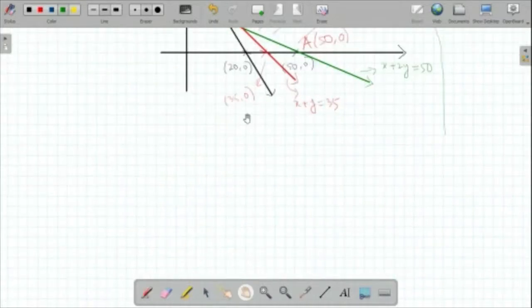Okay, so let's see the shaded region. We have to mark the shaded region.